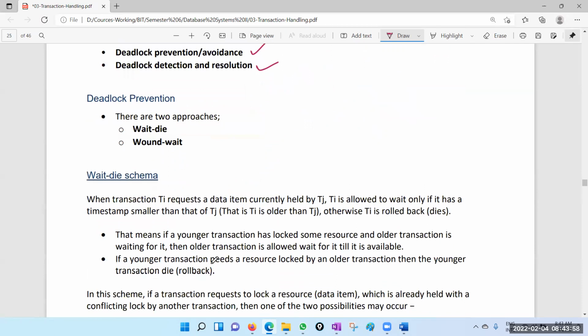Right. So when it comes to deadlock prevention, there are two approaches, two tactics: wait-die and wound-wait. Actually, both are the same strategy, but two tactics.